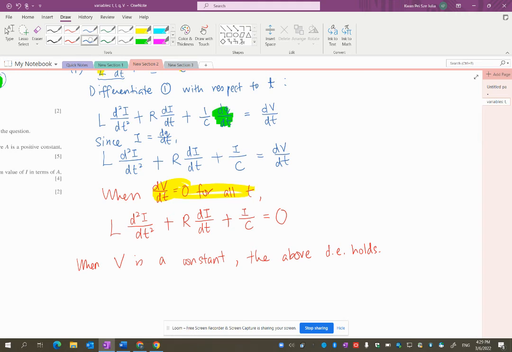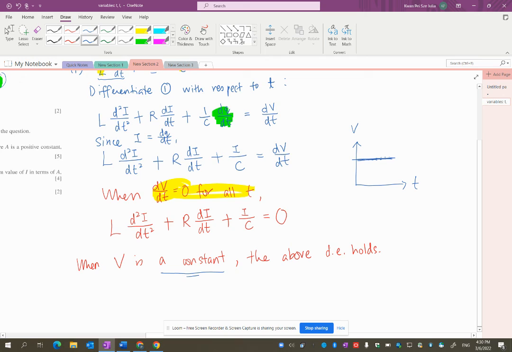So the implication means that if you think of it graphically, right, at all values of t, dv dt is 0. So which means that we would expect the graph to be a horizontal line, right? So for horizontal line, at all points, at all values of t, dv dt is 0. So therefore, v is supposed to be a constant.